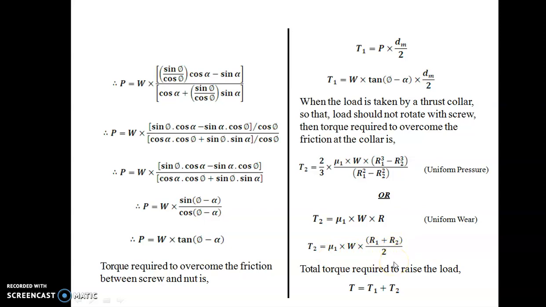So the total torque required to lower the load will be T equal to T1 plus T2. In both cases, that is the torque required to raise the load as well as to lower the load, T is equal to T1 plus T2 if collar friction is there, and if collar friction is not there, T will be equal to T1.